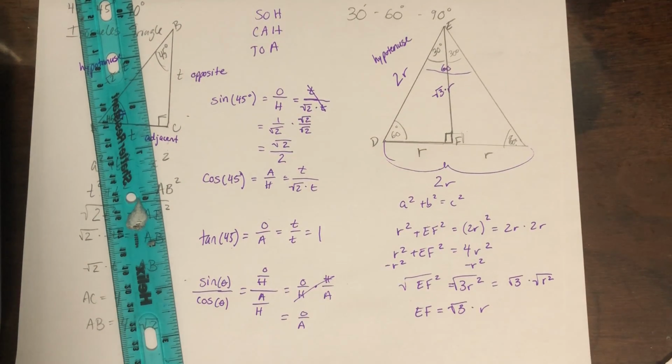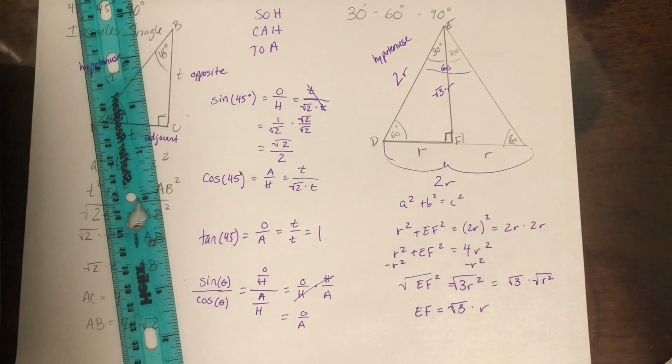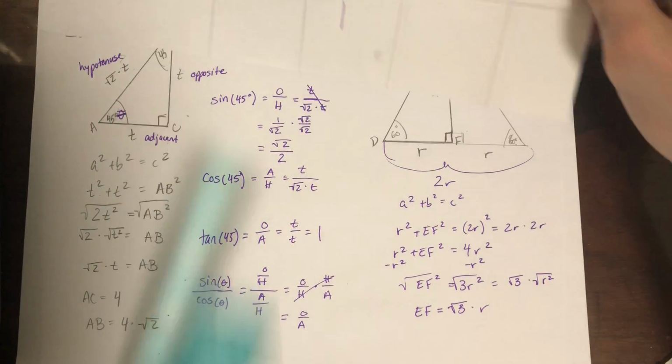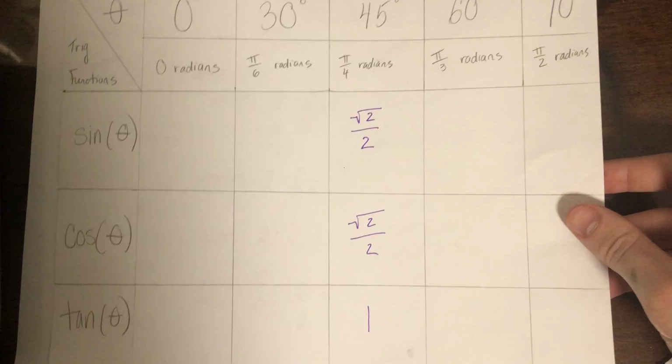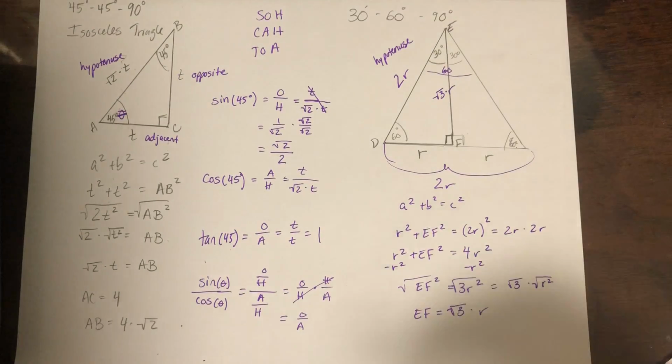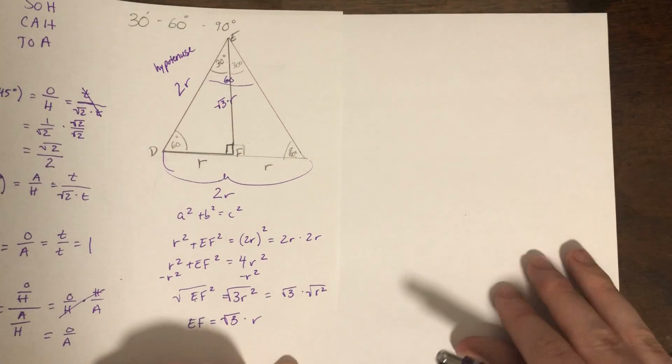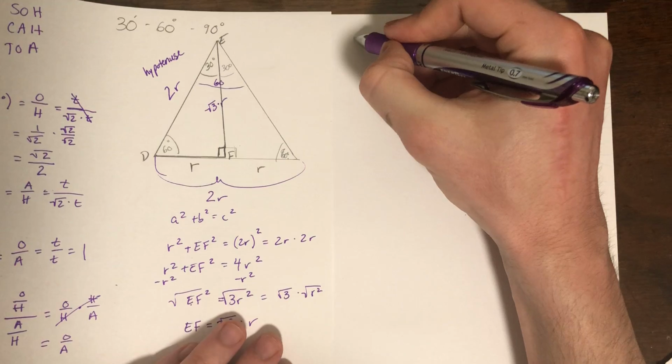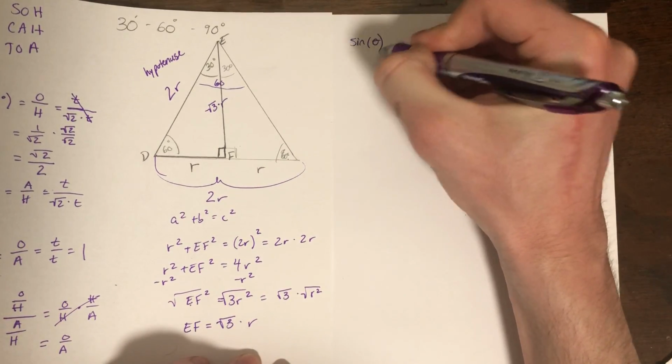So let's relate this back to our trig table now. So now I want to find sine of 30, cosine of 30, tangent of 30. So let's do that. I need a little more room. Okay. All right, so let's start out with sine of 30.